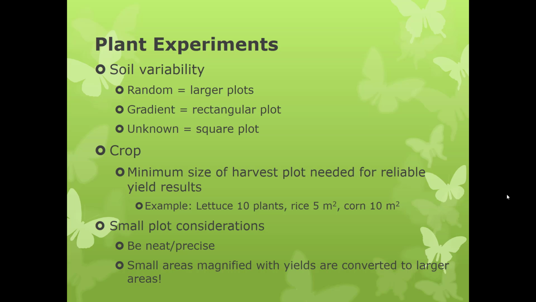All right, so when it comes to small plot research projects, it's really, really important that the researcher and the research area stay very neat and very precise. The smaller the plot, the more neat and tidy it needs to be. Small areas actually magnify issues with yields, and then we try to convert them to a larger basis.